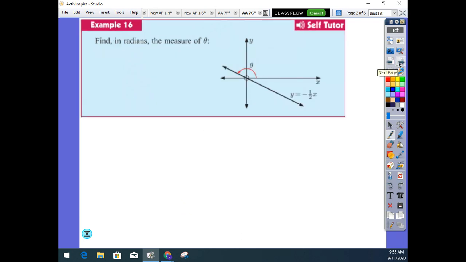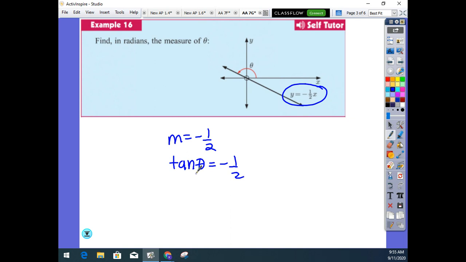All right. Finally, find in radians the measure of theta. If we look at the equation of this line, this is telling me the slope is -1/2. That means tangent of that angle is -1/2.